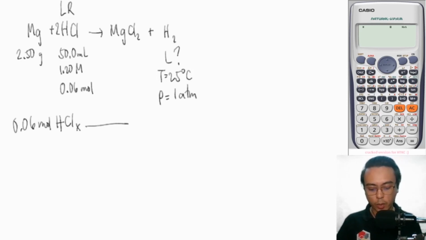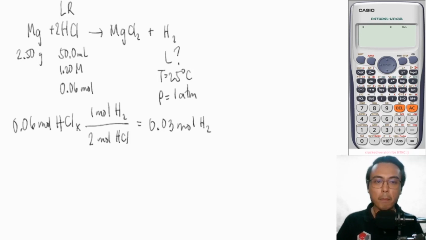Based from the balanced equation, for every 2 moles of HCl, we produce 1 mole of hydrogen gas. So our answer is 0.03 moles of hydrogen gas. And with the number of moles of hydrogen gas given the temperature and pressure, we can easily solve for the volume of the gas using the ideal gas law.